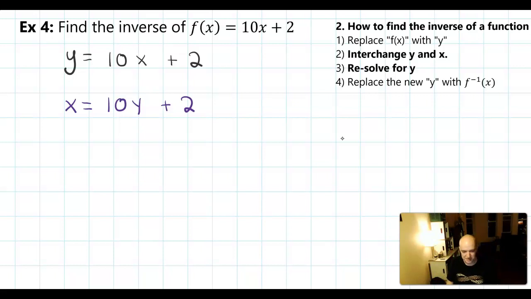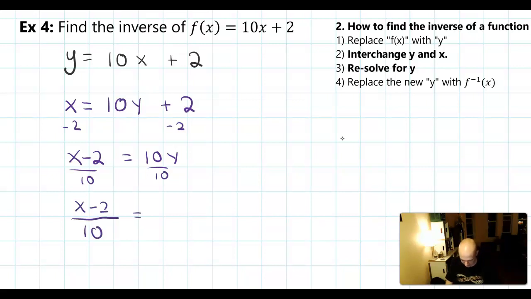Now I have to solve this again for y to actually find the route to my house. And I'm going to use good, valid algebra steps. There's a couple ways to do this, but they'll all give you the same result in the end. Let's subtract 2 from both sides. Get x minus 2 is equal to 10y. And then we'll divide both sides by 10 and get x minus 2 all over 10 is equal to y.